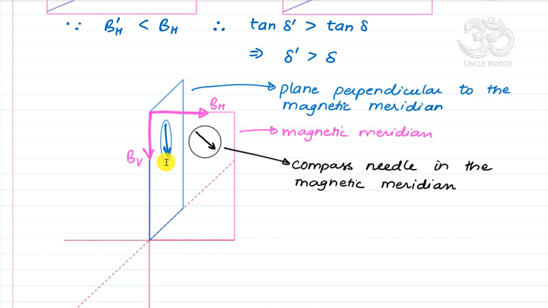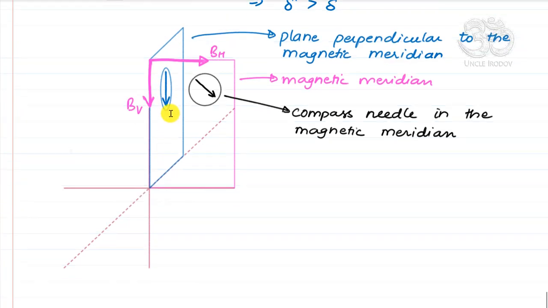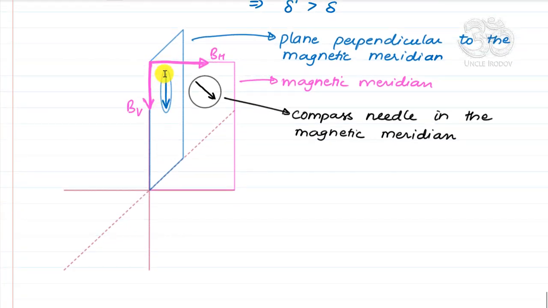In fact, if you want to find out the true angle of dip, this is the first step. The first step is that you take a compass needle that can be kept in a vertical plane and you rotate that compass needle's vertical plane slowly till you reach a plane where the compass needle is completely vertical. So the plane in which the compass needle is completely vertical is a plane which is exactly perpendicular to the magnetic meridian. So then you turn by 90 degrees and then you are standing in the magnetic meridian.